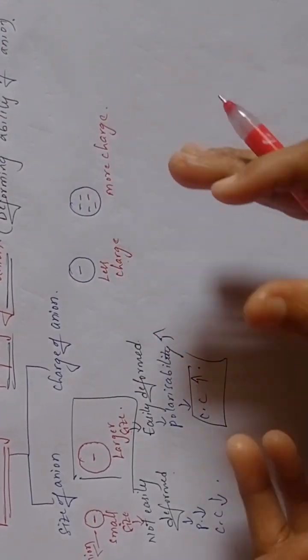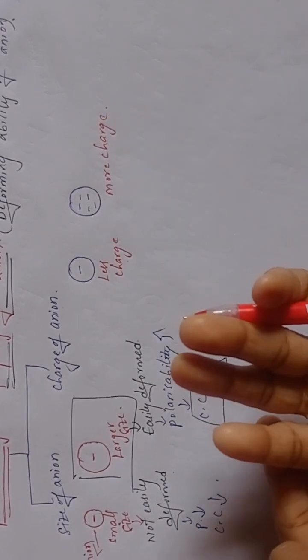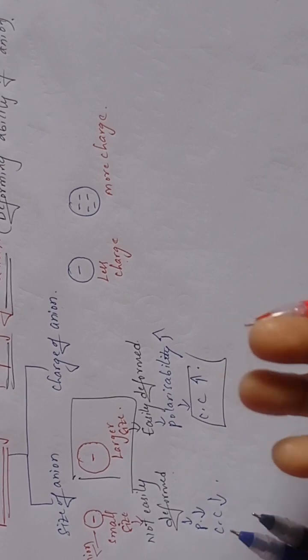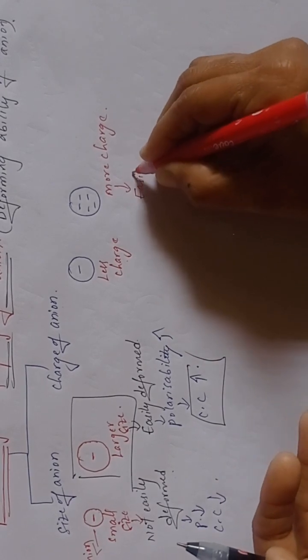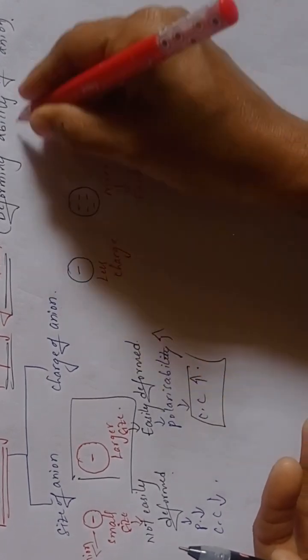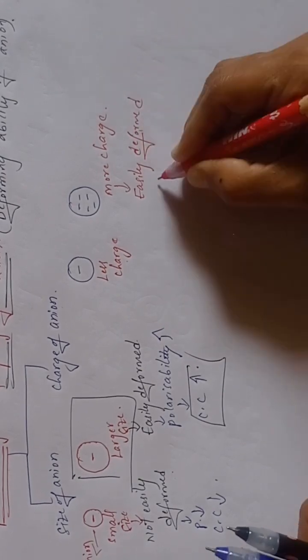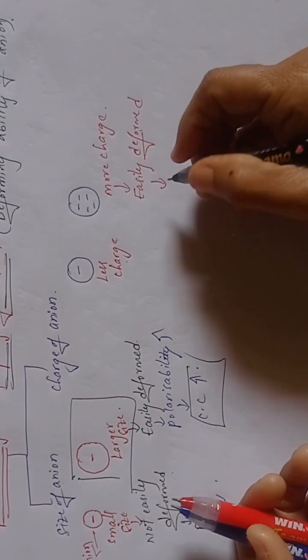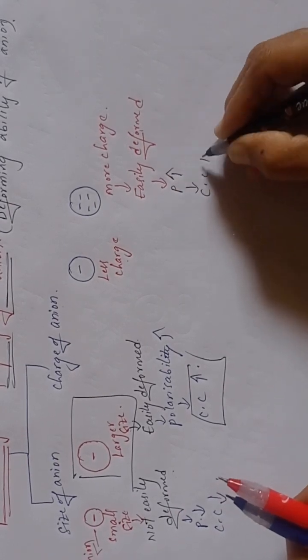Here 5 charge is there, more is the charge. So what happens, students? More is the charge, more is the size. Whenever size is more, effective nuclear charge is less, then it is easily deformed. That is, deforming ability of anion is more. Easily deformed means polarizability more, covalent character also more.